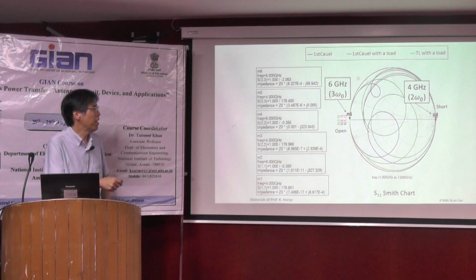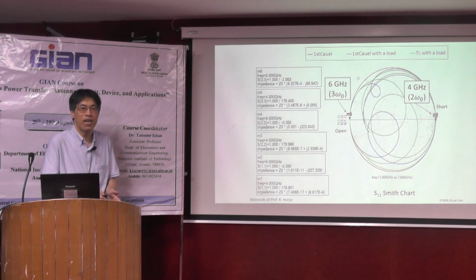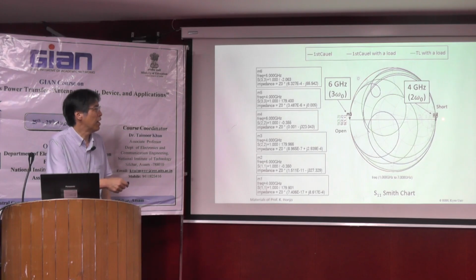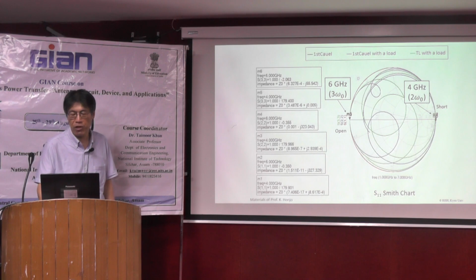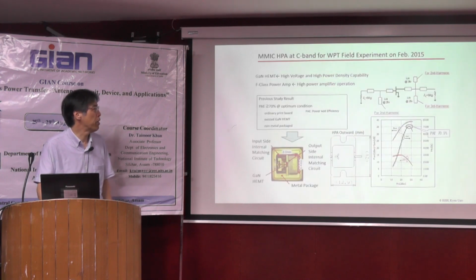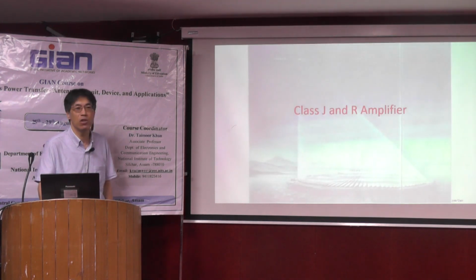We need a very strict design of the resonator, and when this impedance moves to another point, efficiency decreases. So we need a very strict design of the class F amplifier. This very famous Japanese professor considered this.